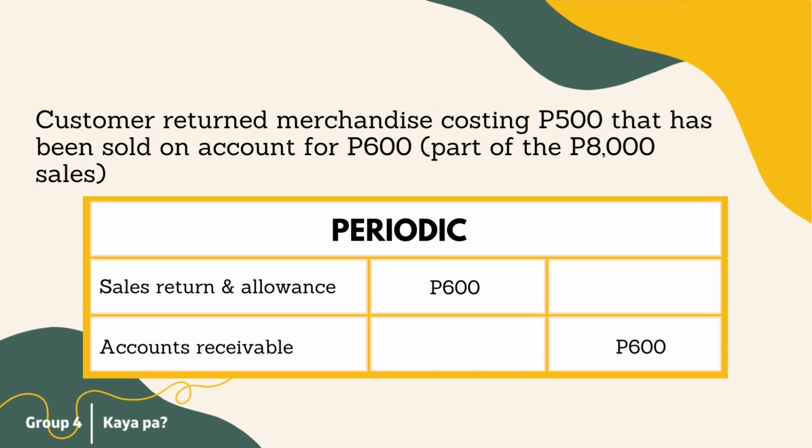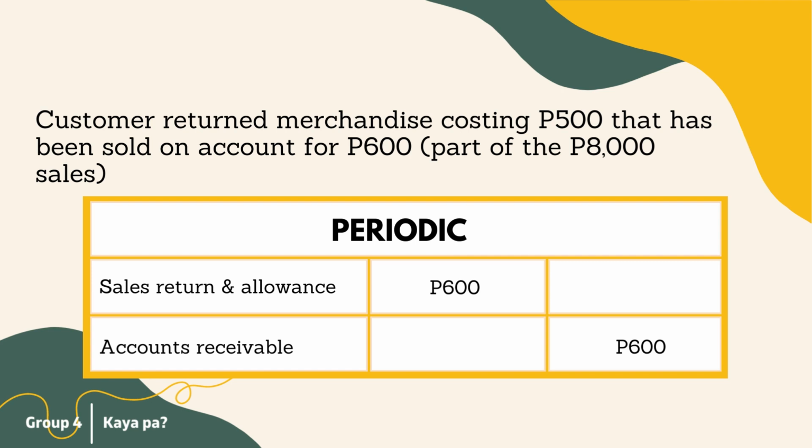So, let's have another example. Customer returned merchandise costing 500 pesos that has been sold on account for 600 pesos. Part of the 8,000 sales. So, this is a continuation of our first example. Someone returned merchandise. The cost is 500 pesos, but it was sold for 600 pesos.